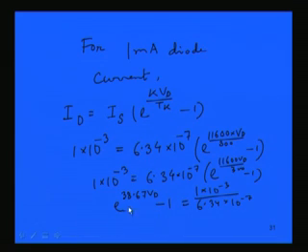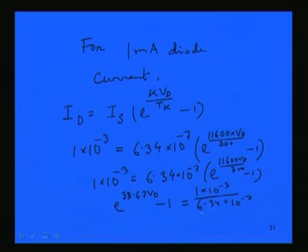So, you have to use the natural logarithm for it. e to the power 38.67 Vd will be equal to 1 plus 0.1577 into 10 to the power 4.